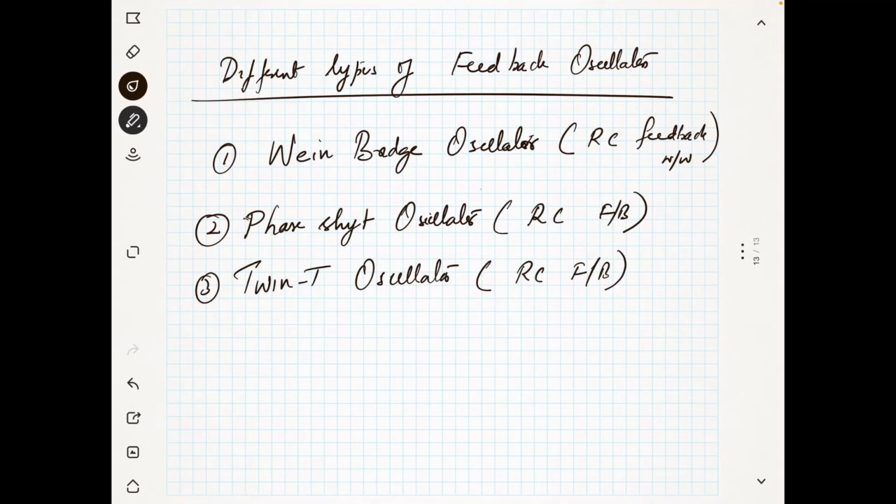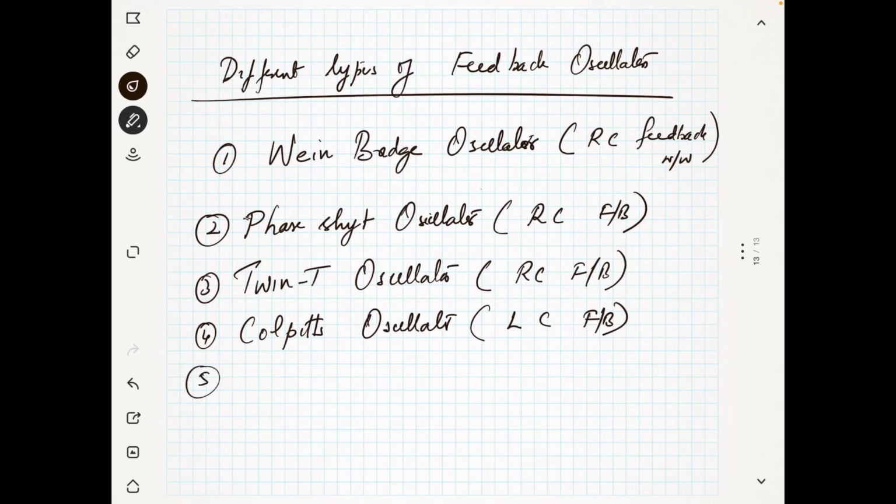Then the fourth one is the Colpitts oscillator. It uses LC, inductor and capacitor, feedback. Now the fifth one is the Clapp oscillator, and it uses an LC feedback network as a frequency selective network. And now the sixth one.